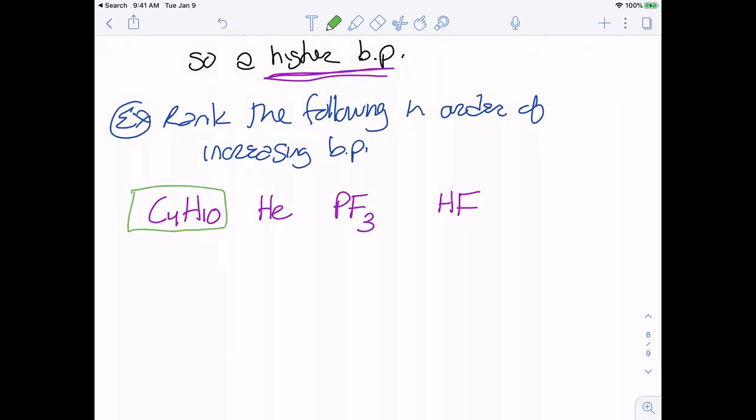C4H10, it only has carbon and hydrogen, and if we remember, our non-polar bonds were things between it and itself, so like a carbon-carbon bond or a hydrogen-hydrogen bond. And then also carbon and hydrogen, well, it had an electronegativity difference. It was so small that we were saying it didn't really matter. We're just going to consider it non-polar because the little bit of polarity it has isn't going to affect the polarity of the molecule.